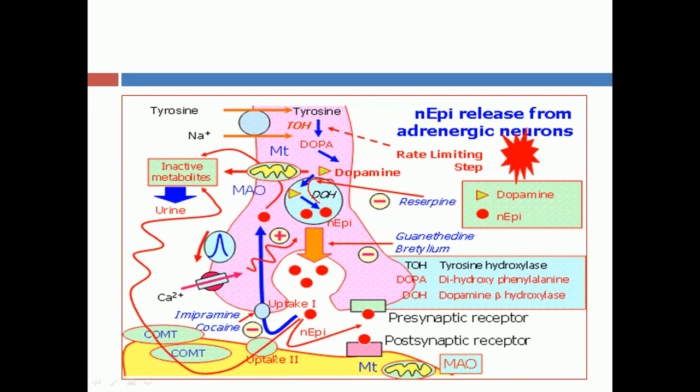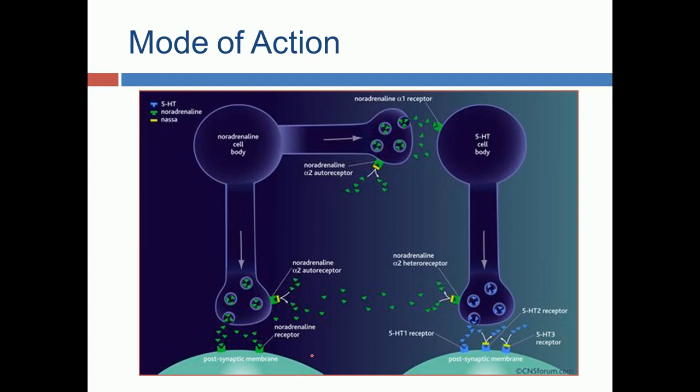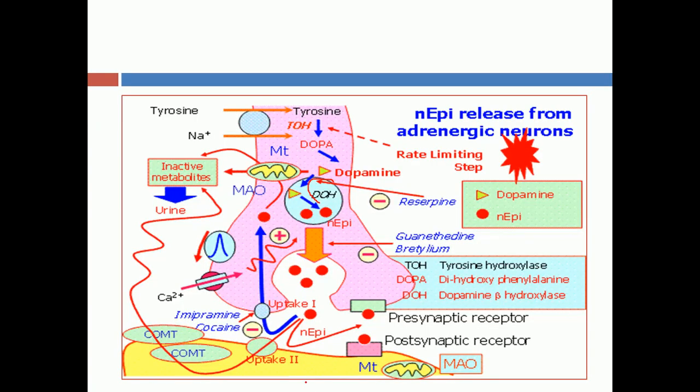Then the synapse has postsynaptic receptors, and these receptors actually produce the effects. So what this drug does is it blocks the uptake of these biogenic amines into vesicles. So there won't be any biogenic amines, so ultimately nothing can be released and produce effects.